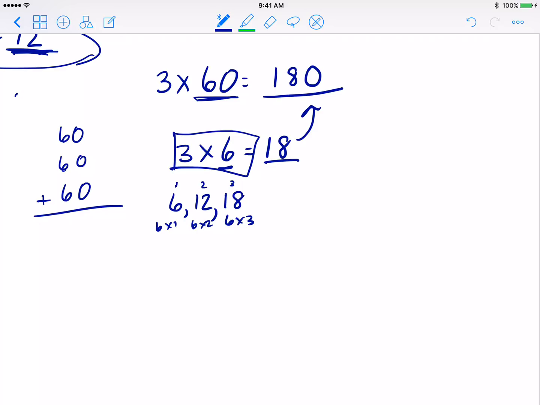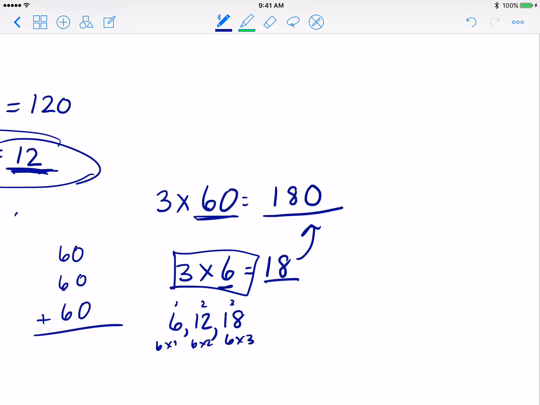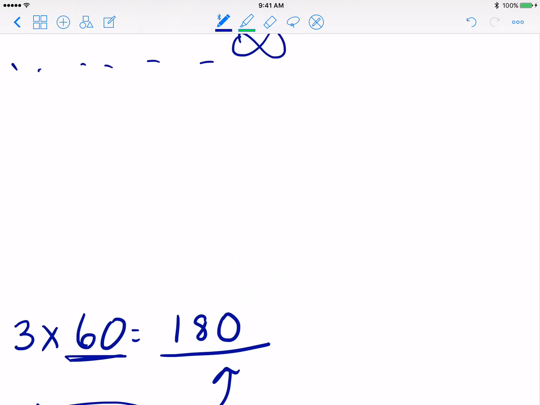Let's do one more. Let's do 40 times 8, okay? 40 times 8. So I could list 8 40 times. I could. That's going to be a lot. So let's think about this. 40 times 8.